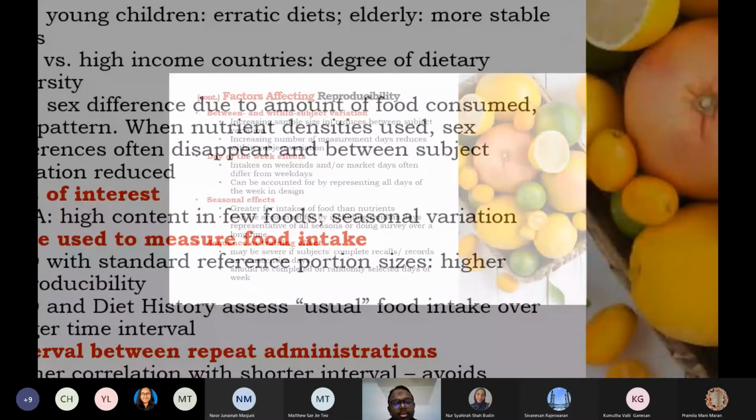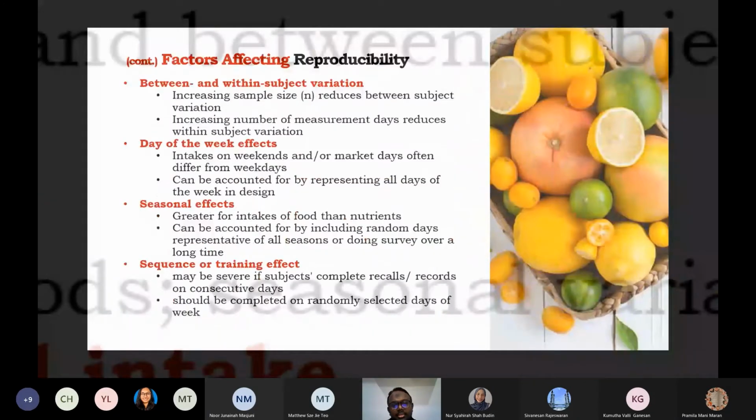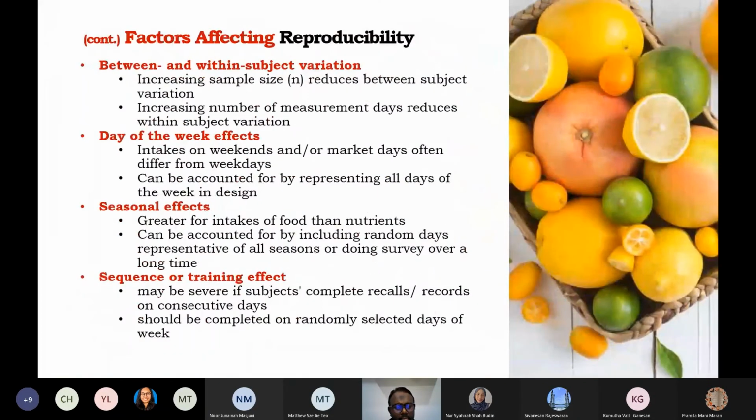Between and within subject variation is also a factor affecting reproducibility. By increasing the sample size, we will reduce between subject variation, and increasing the number of measurement days will reduce the within subject variation.